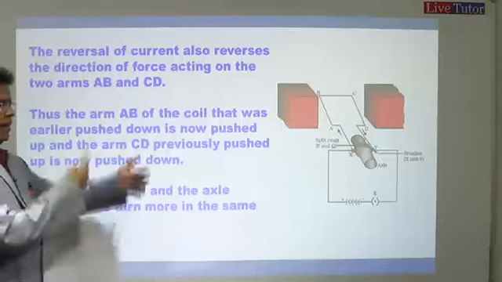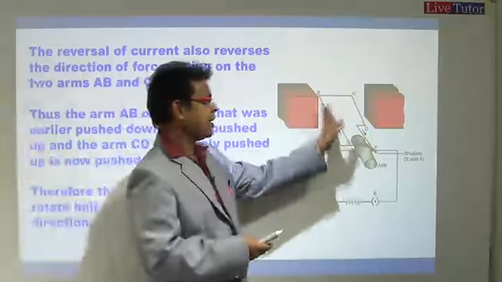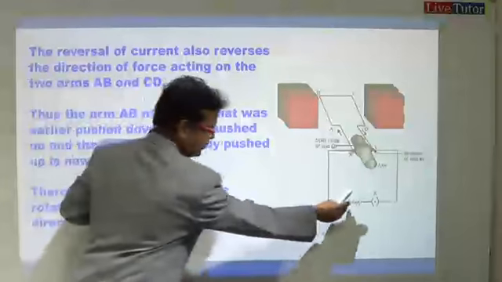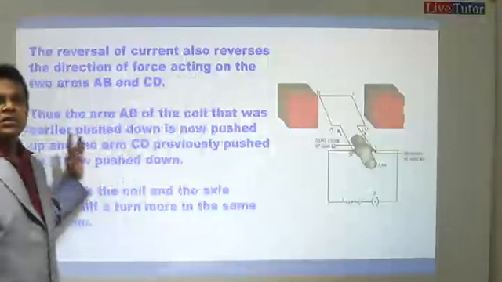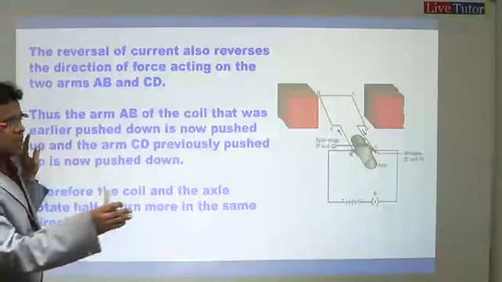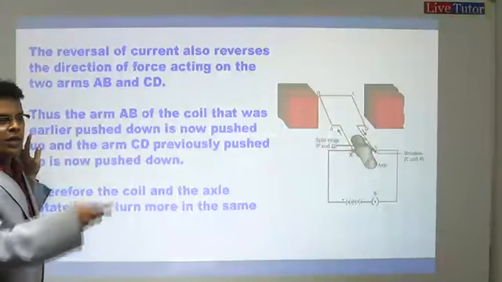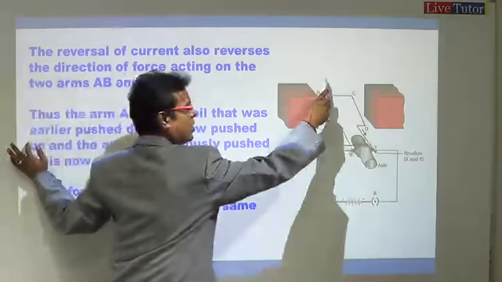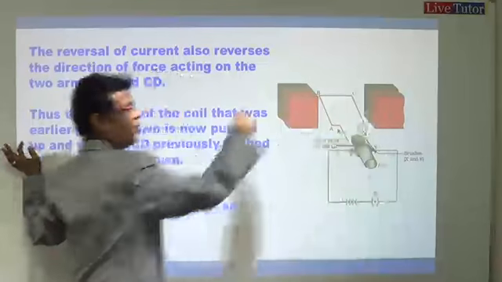So the armature or the rectangular coil will keep on rotating until the current stops. If the current keeps on flowing through the circuit, the coil will also keep on rotating in the anti-clockwise direction. This will go down, this will go up, again this will go down, like this it will keep on rotating.